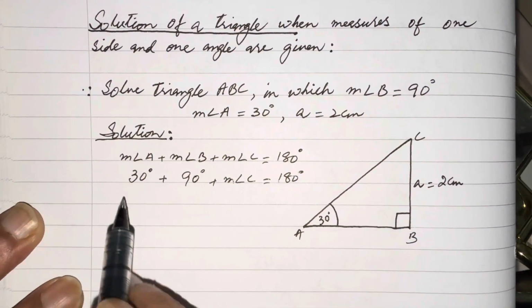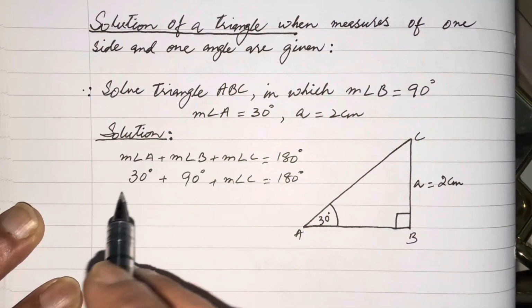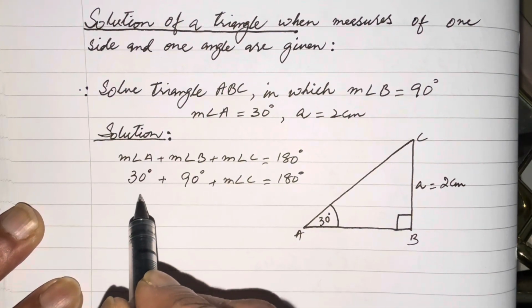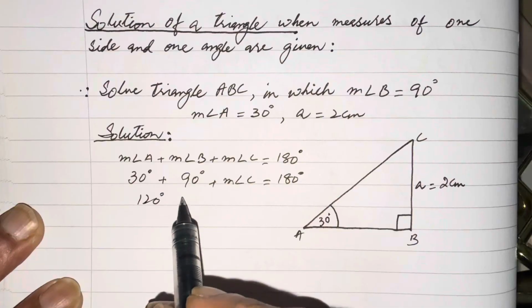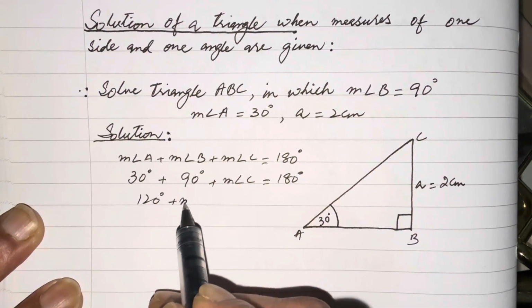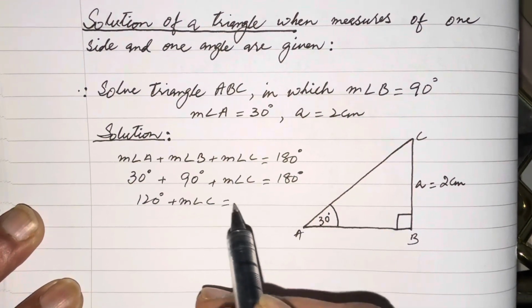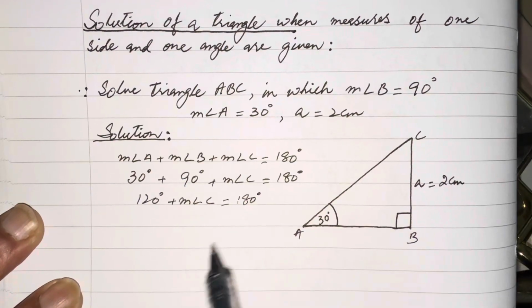So if you add the two, that will become 120 degrees plus measure of angle C is equal to 180 degrees.